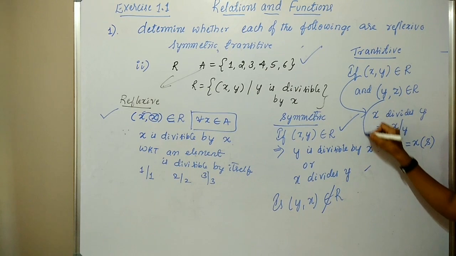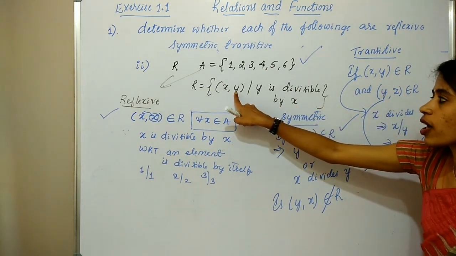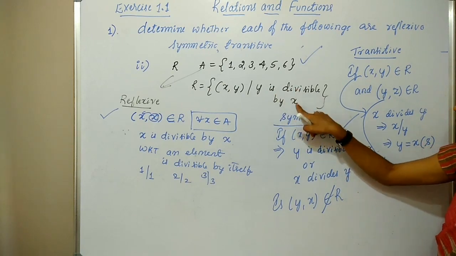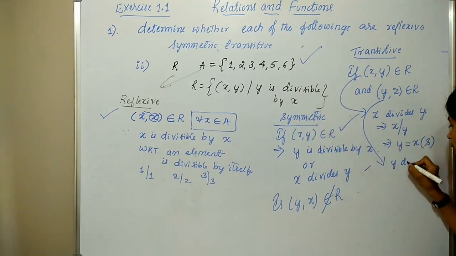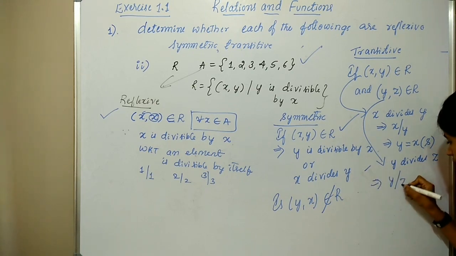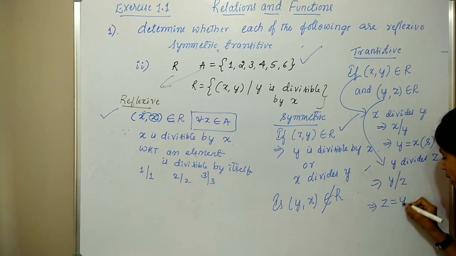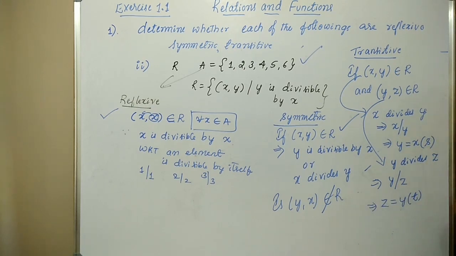Now I am taking (y, z). (y, z) belongs to R means z is divisible by y, or y divides z. This means z can be written as y into some value, say t.